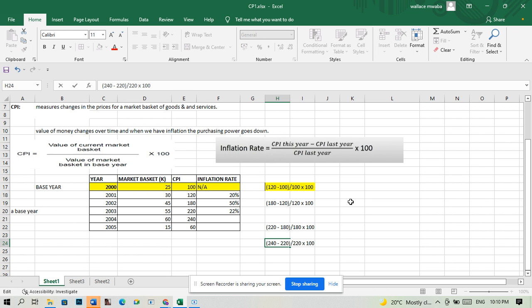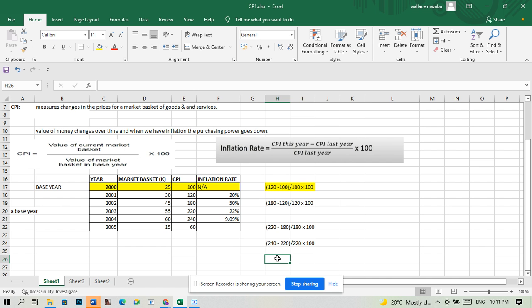So 240 minus 220, that's 20. 20 divided by 220, that's 0.0909 times 100. I'm going to get 9.09%. So I'm going to say 9.09%.